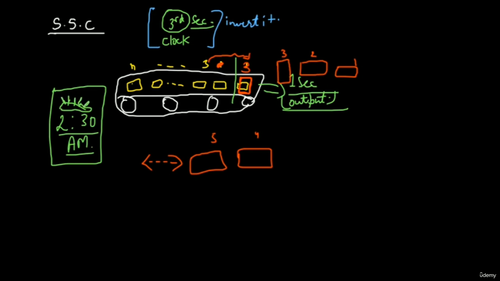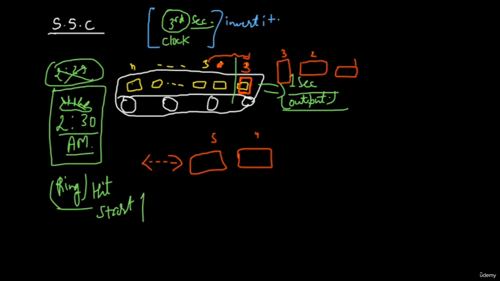So this is the alarm. Now, what is it going to do at 2:29? Nothing. No alarm is going to ring, but at 2:30 it is going to ring. So this is a kind of programming that we have done: when the clock reaches 2:30 it will ring. A particular program is going to hit and start its operation. So in this case it will start ringing.